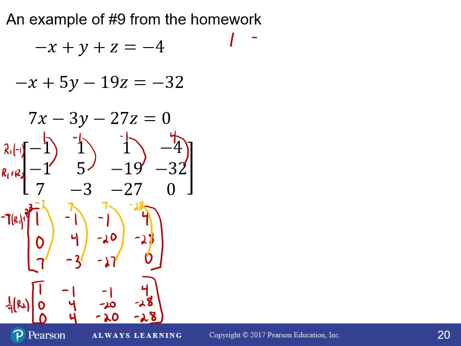The 1, -1, -1, 4. The row 2, when I multiply that, that's going to give me a 1 in that position. So a 0, a 1. This one, if I multiply it by a 1/4, is going to give me -5. And the -28 times the 1/4 gives me a -7.